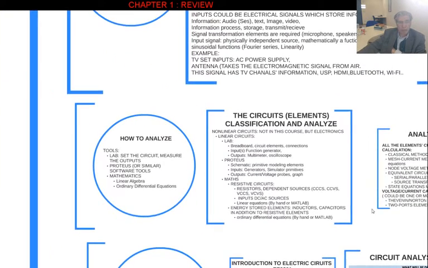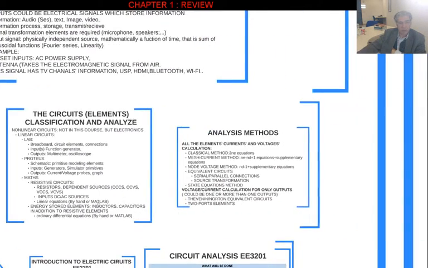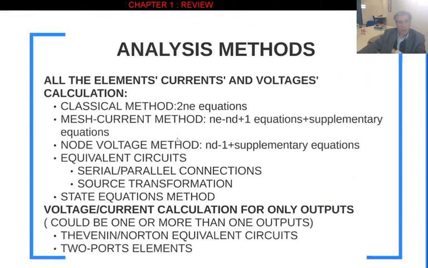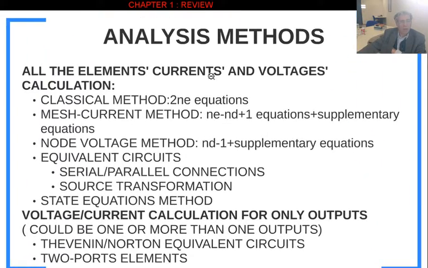So what we are talking about is how we do the analysis. We have seen the basic mathematical tools. What are the methods that we use in the analysis? One is calculation of the elements' currents and voltages.